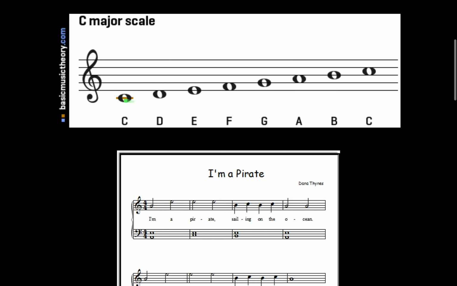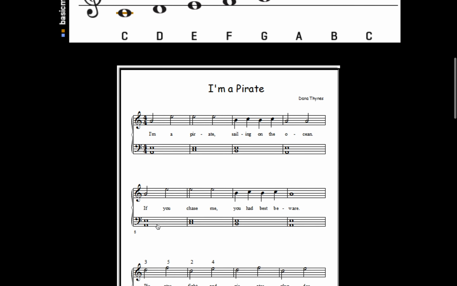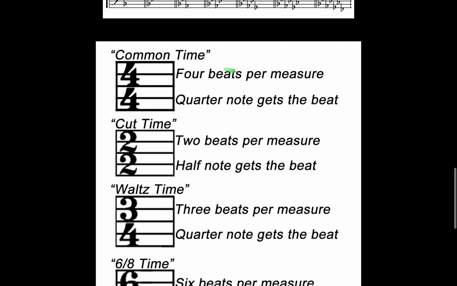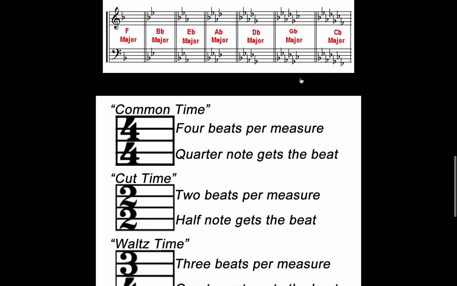So this is, for example, here, I'm a pirate. This lasts for 4 beats because you see here is 4/4 time, and 4/4 time is the common time, meaning 4 beats per measure.